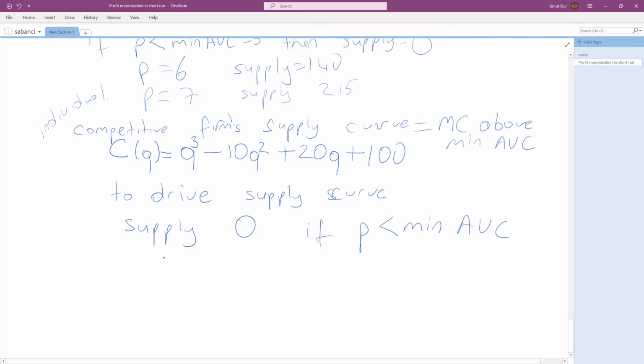Then supply will be equal to the marginal cost curve if price is greater or equal to the minimum of average variable cost. So let's think about that. I need to first find this minimum of average variable cost. I need to first find the average variable cost. To do that, I need to first find the variable cost. Variable cost is this guy.